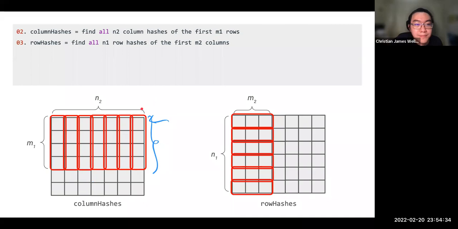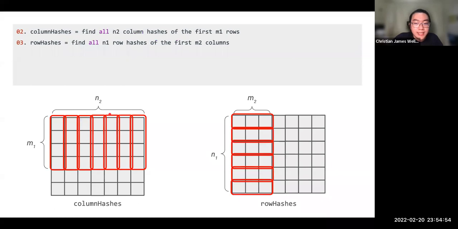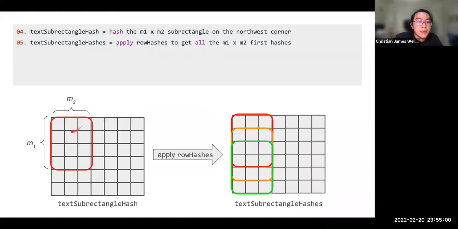Then after that, same thing here. We compute for the row, and this is to roll down. The next lines are trying to say, let's hash the first M1 by M2 rectangle in the northwest corner of the entire text. We computed the row hashes just now, these guys over here, so let's use them.